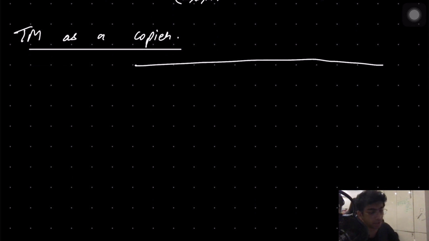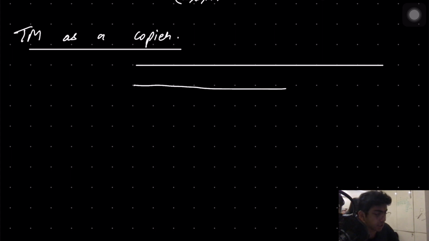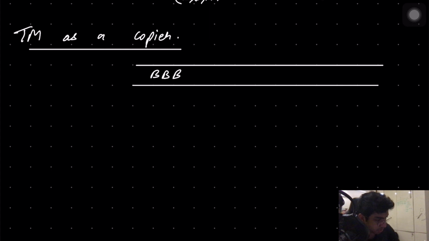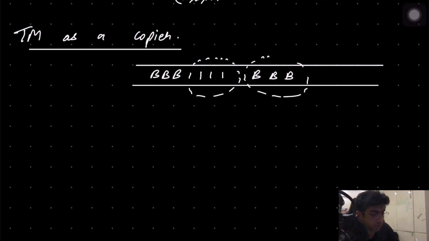You take photocopies, you 3D print stuff with a 3D printer. So in a copier we have a piece of tape, and say we have 1 1 1 blank blank blank. I want you to copy this set of ones into the corresponding blanks over here.